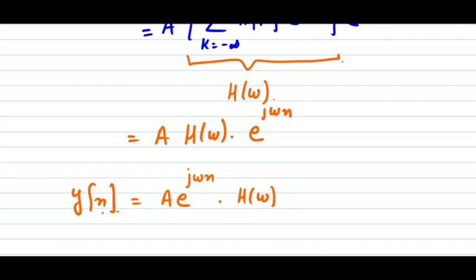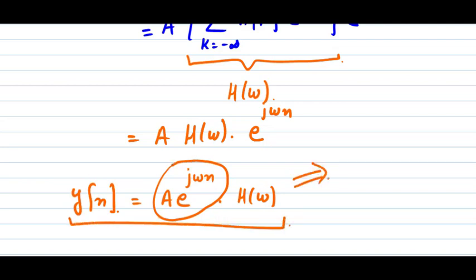What this equation shows is that if we give a complex exponential input to the system, the output is again a complex exponential function, but now multiplied by H of omega.